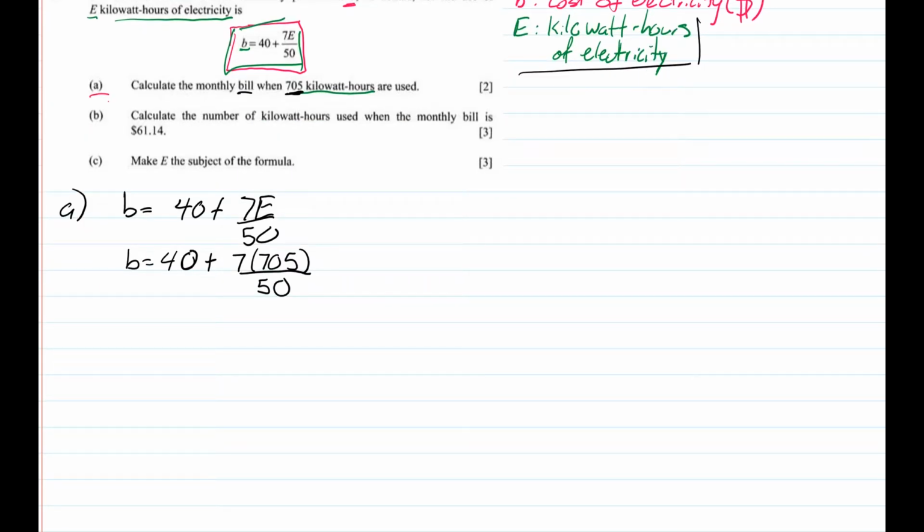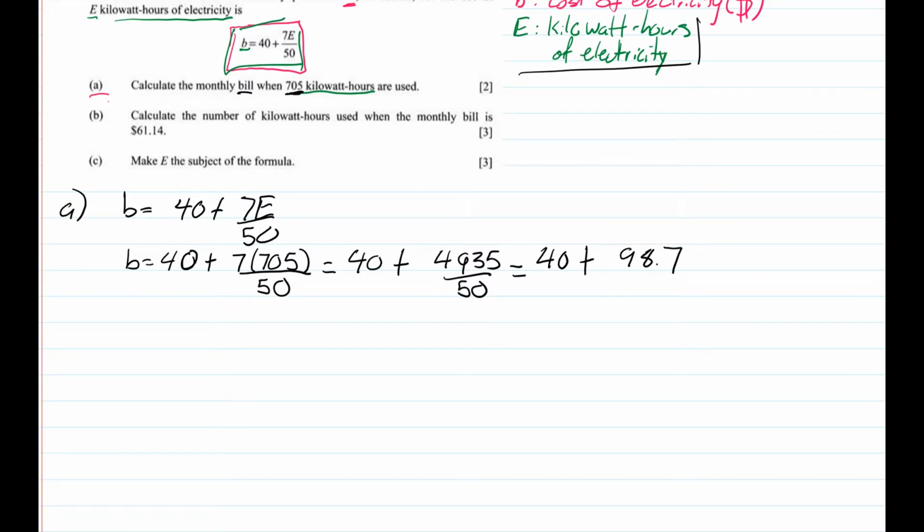So when you punch this in your calculator, I have 40 plus 7 times 705 divided by 50. So let's see, 7 times 705 is 4,935, divided by 50. When I do the division, I get 40 plus 98.7.